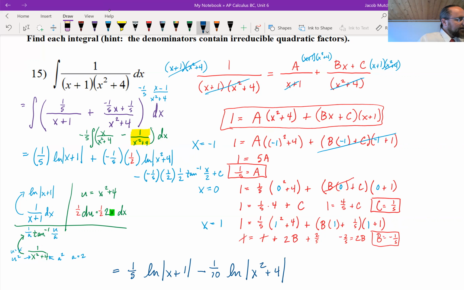And we would finalize that as plus 1 over, I got a 5 and a 2 and a 2, so that's 1 over 20 inverse tangent of x over 2 plus c.